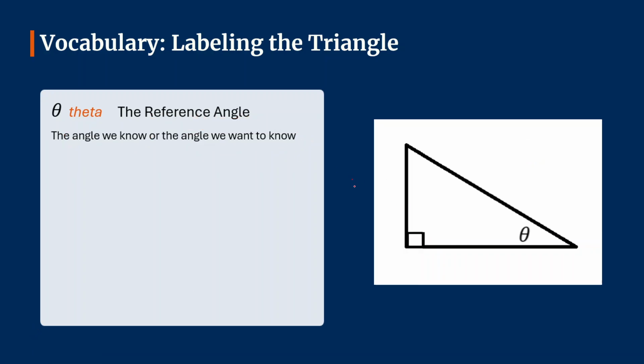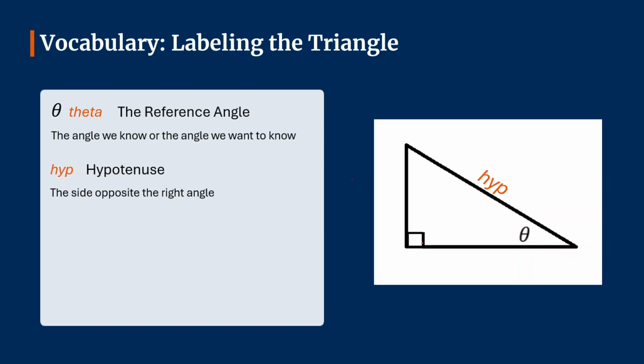Now, we also need to know the hypotenuse. So you should know where the hypotenuse on a right-angled triangle is, because you've worked with the Pythagorean theorem before. But I just want to show you a new way of thinking about it, because I don't like when students say the longest side.